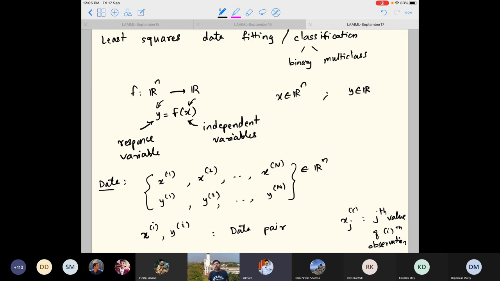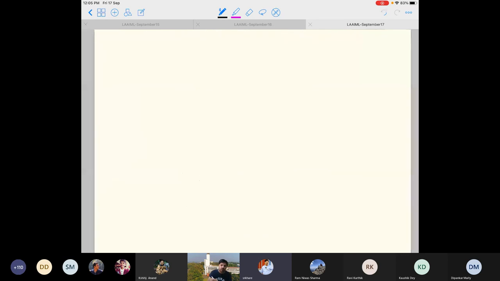This is the data set that is with me, and I want to find out the functional relationship between x and y. That is the classic modeling problem that I have, and that is what we want to do. So what is a model?